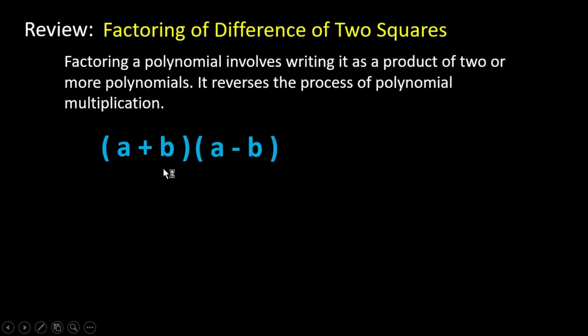A plus B multiply sa A minus B. So guys, pag kinuha natin ang kanilang product, ang result ay A squared minus B squared. So pag napansin nyo guys, ito ay difference of two squares.